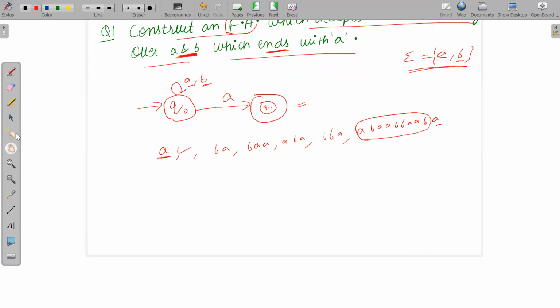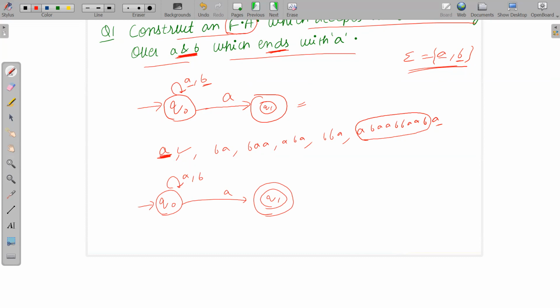Let me again construct this NFA, and then I will convert it into a DFA. So A comma B, A, and then Q1, this will be our final state. First, whenever A is read at Q0, we should either move to Q1 or remain at Q0. The answer is very simple.